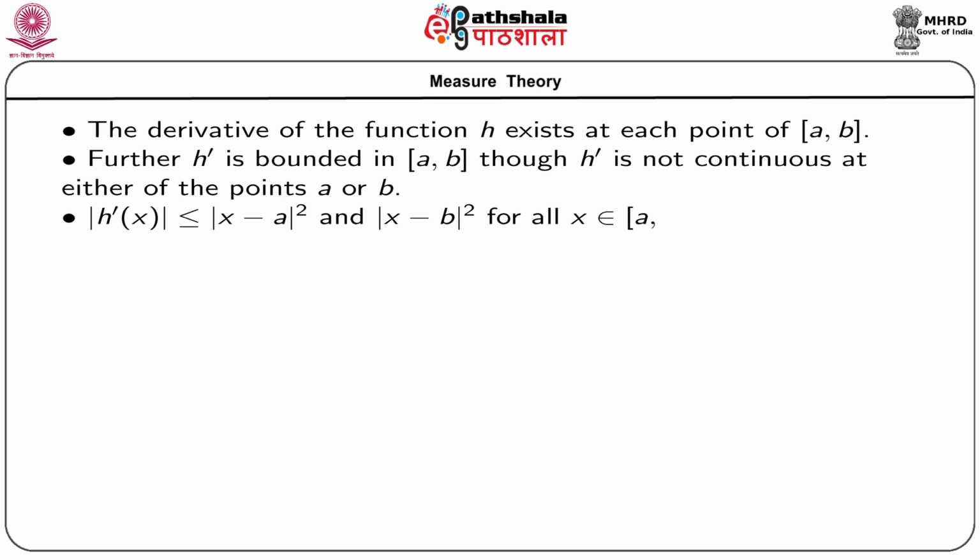And moreover, |h'(x)| is less than or equal to (x minus a) whole squared and (x minus b) whole squared for all x belonging to the closed interval [a, b].